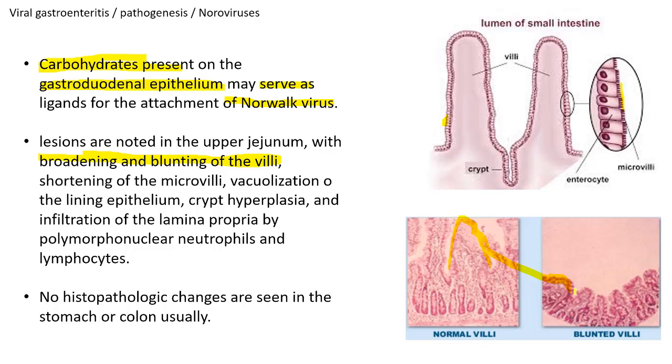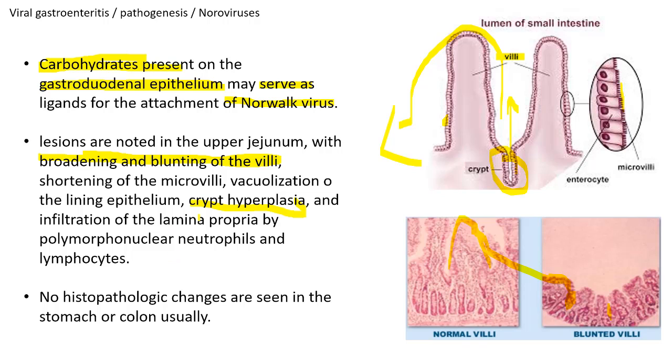And the crypts, which work in GI secretions, will have crypt hyperplasia, which means there will be more secretions. The villi will be destroyed, blunted, and shortened, so there will be less absorption, and that will manifest in the form of diarrhea, right?